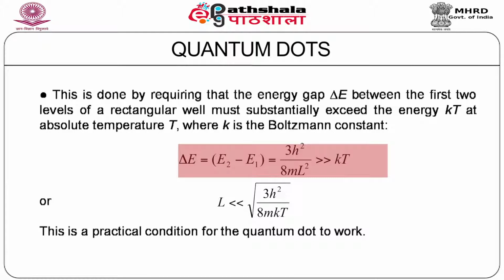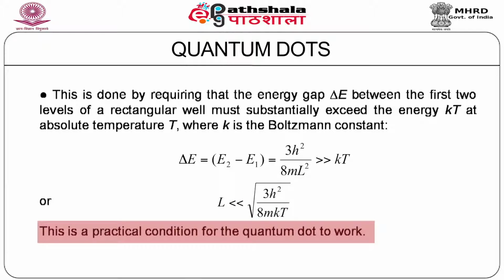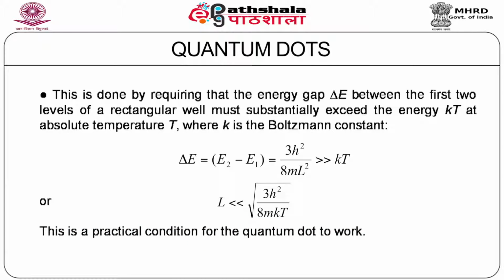So you have delta E, that is the energy gap E2 minus E1, which turns out to be 3h squared divided by 8 m L squared, and we want that this should be much larger than kT at temperature T. So you can write this as L, the width of the potential well, has to be much less than the square root of 3h squared divided by 8m kT. So this is a practical condition for the quantum dot to work. So L is approximately equal to this, what I have written on the right hand side.